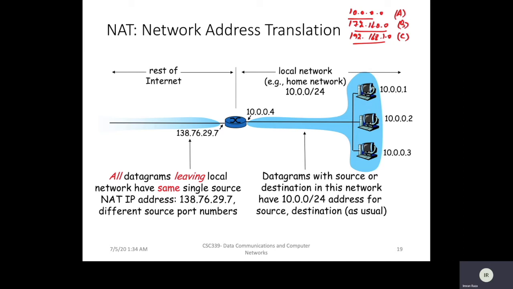But the problem is, if I am making use of this free series address, and one of my machines has this address, say 10.0.0.1, maybe there are hundreds and thousands of machines in the world that may be using this same free series IP address.